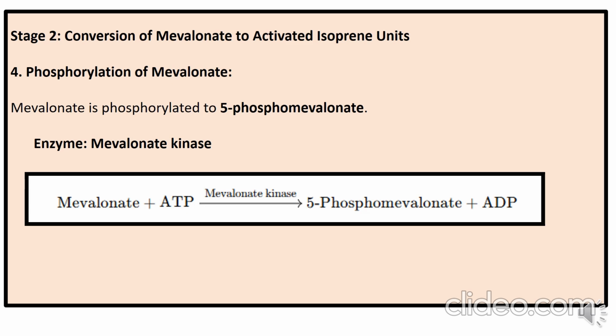Kinases are the enzymes that are useful for addition of phosphate groups. On the other hand, phosphatases are the enzymes that remove the phosphates from the group. So mevalonate kinase is the enzyme that adds phosphate onto mevalonate, taking the phosphate away from the ATP and forming ADP plus 5-phosphomevalonate.